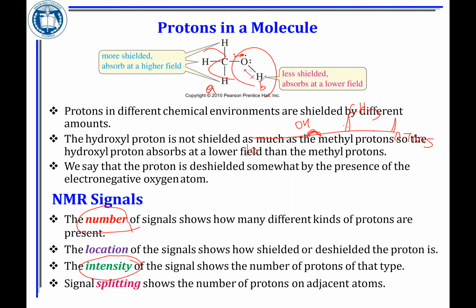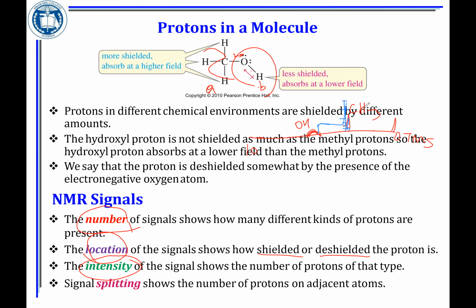Number of signals shows how many different types of hydrogen we have. Location of the signals corresponds to how shielded or deshielded the proton is. Intensity is the height of the peak, which is usually shown with a blue line, and it correlates with the number of hydrogens.